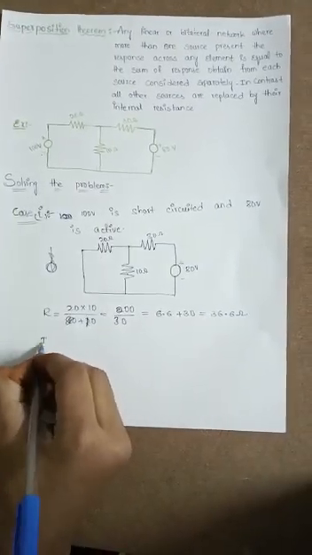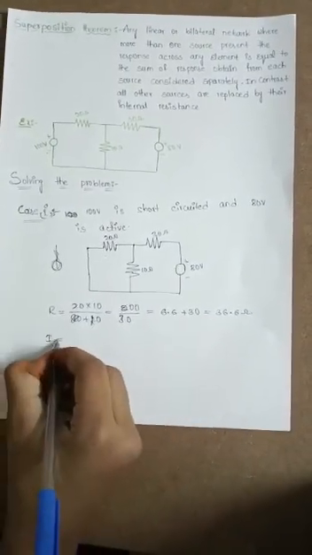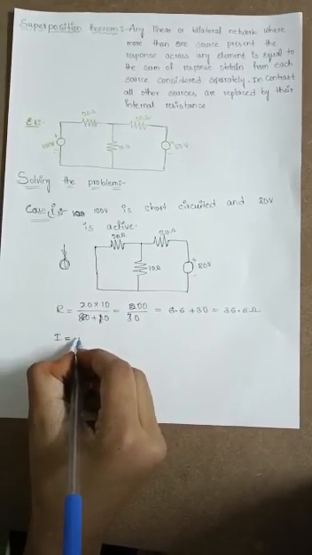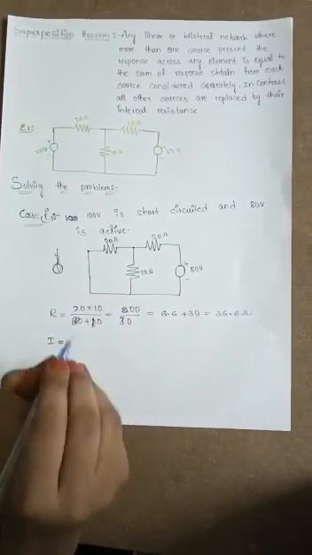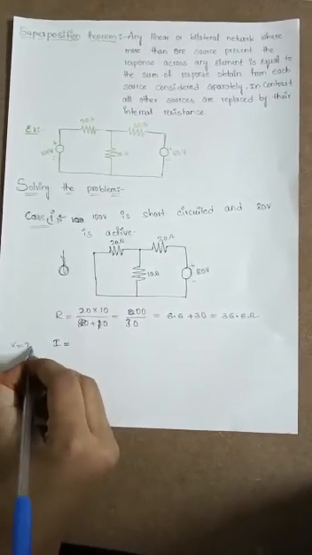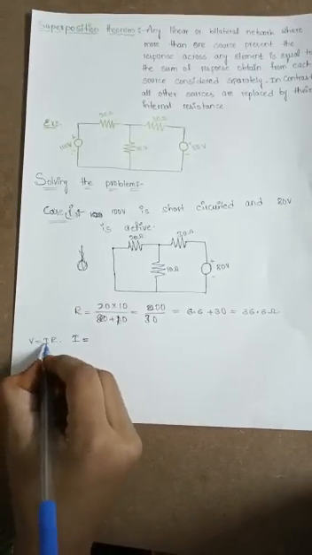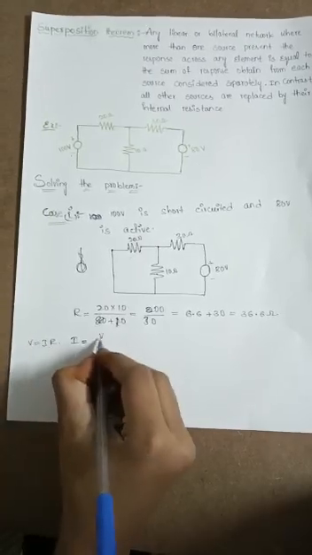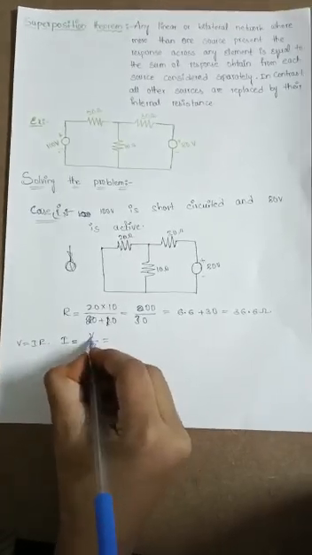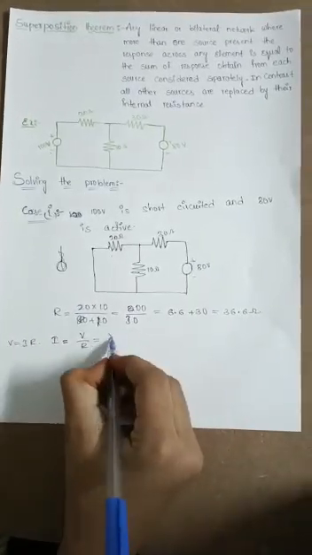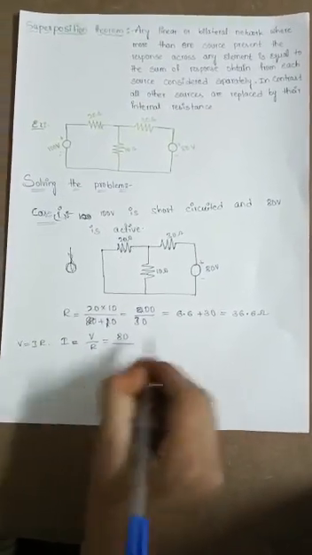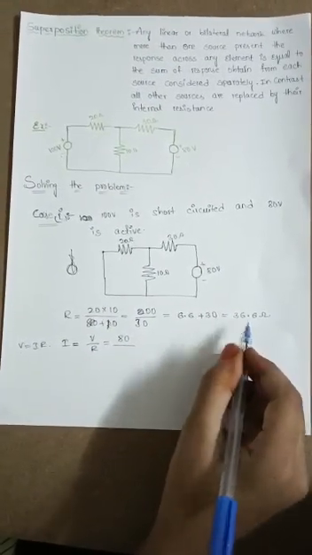Now calculate the current. How do we calculate the current? V equals IR. From this we calculate the current, I equals V by R. What is the voltage? 80 volts by what is the resistance? 36.6.